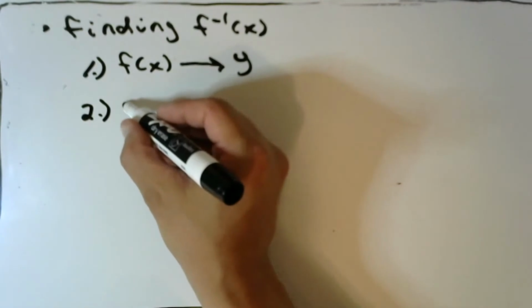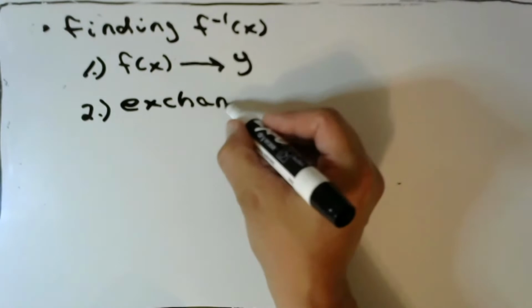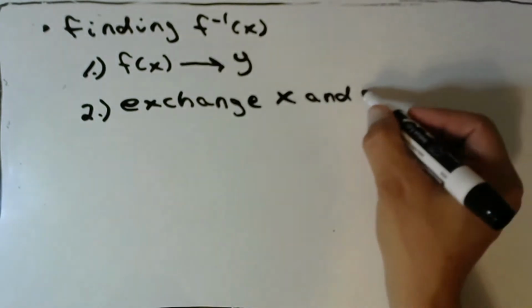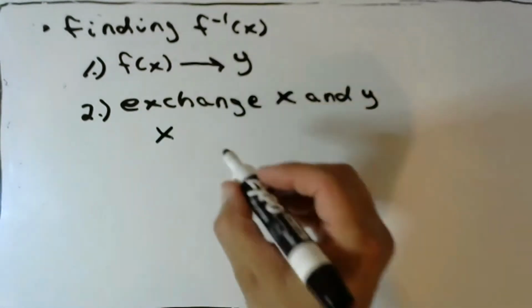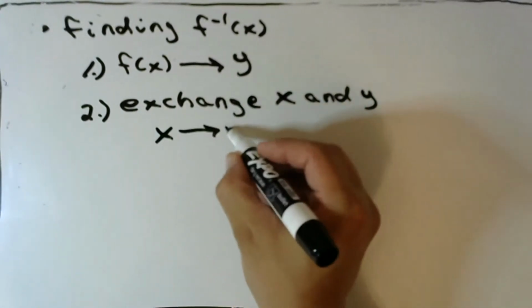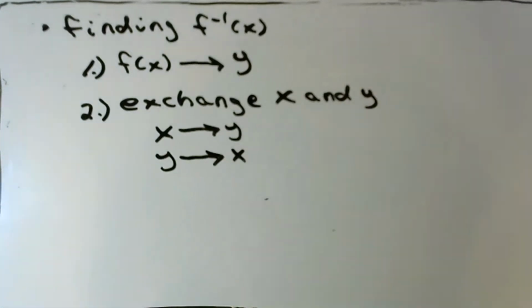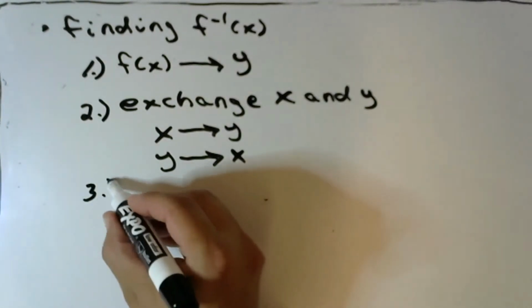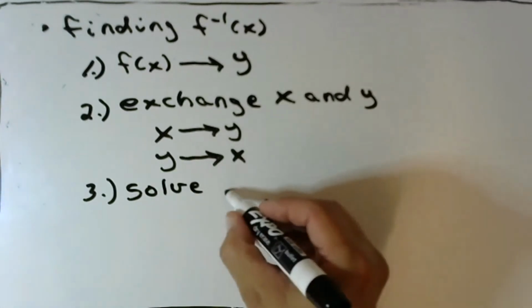Then we exchange x and y. So what that means is the x in our equation will become a y, and the y in our equation becomes an x. Then we solve for y.